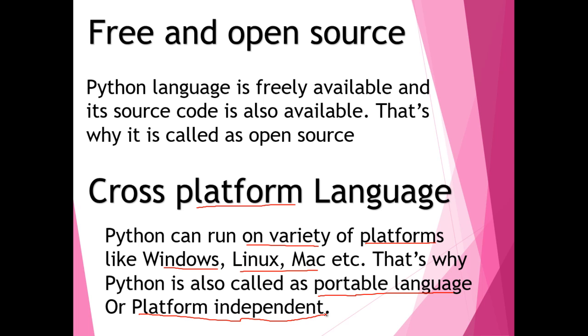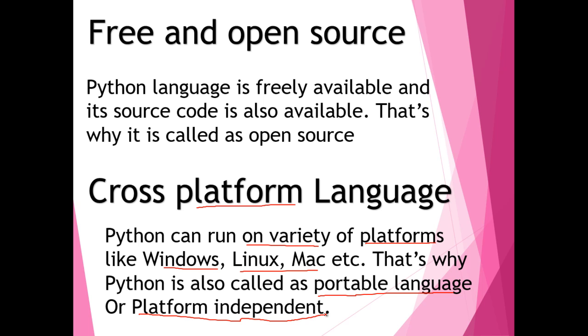It means the Python software can be freely downloaded from the www.python.org website, and if you want you can also download the source code of Python, that is, the code behind the Python programming language. You can also make changes in that. That's why we call it open source, because its source code is openly available to us.